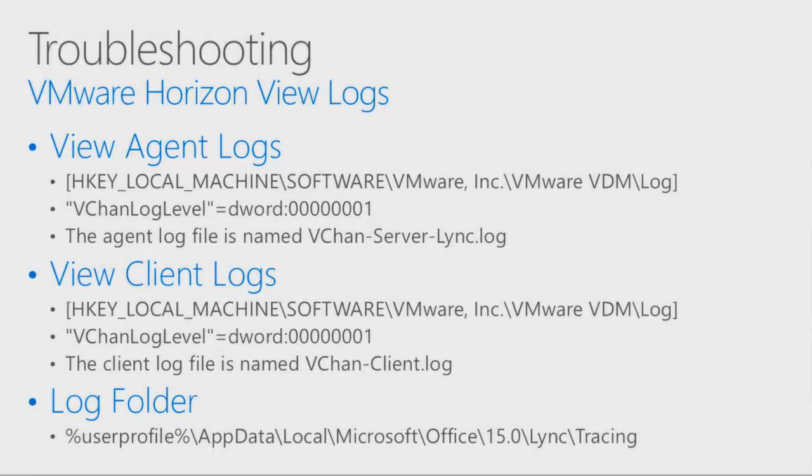So if your Lync client is attempting to pair but fails for whatever reason, we're going to be able to see whether it's initiating the proper calls. The log folders are going to be in user profile, AppData, Microsoft Office, tracing. So just send that over to your GSS technical support engineer, and they can take a look at it and possibly provide you a remedy.